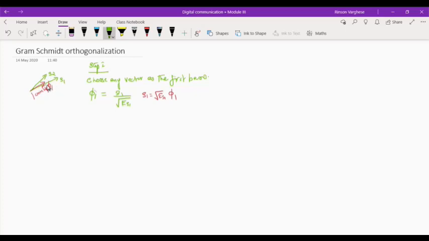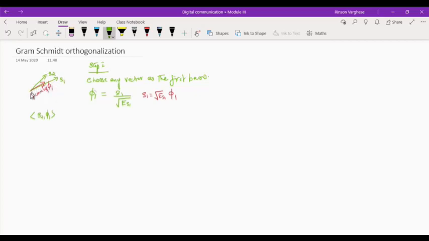So you have to find the projection or the contribution of S2 in this direction, or the contribution of phi1 in this vector. To find that, find the inner product between S2 and phi1. That will be the contribution of S2 in this direction, or the contribution of phi1 in this vector. Both ways we can say.